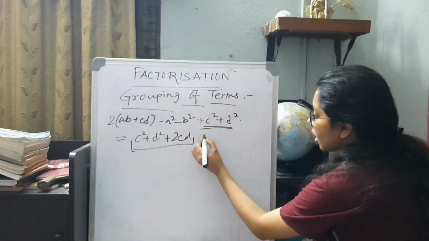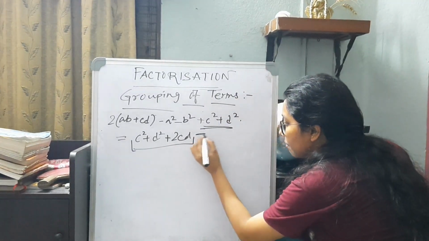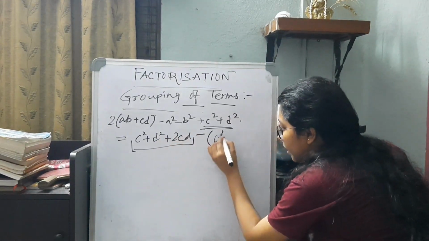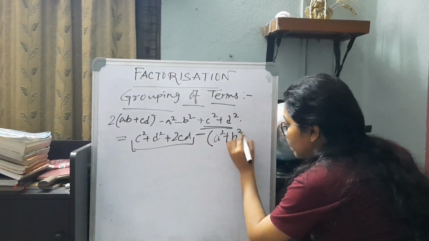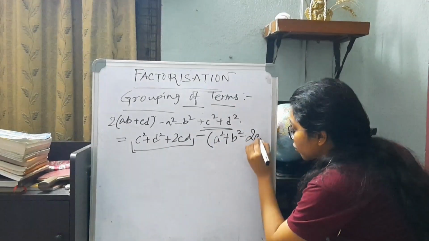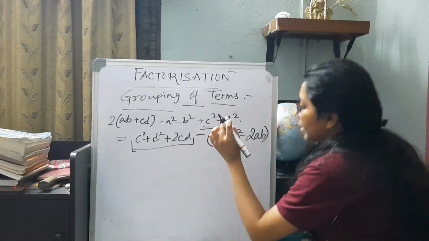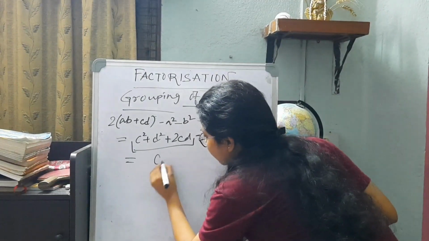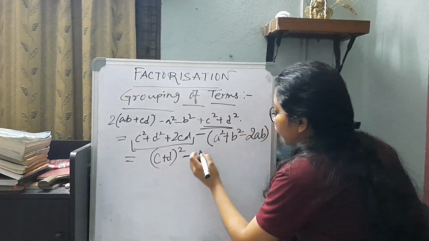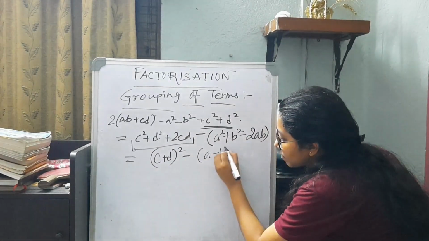Now, taking a minus common out of A square and B square, this part becomes A square plus B square. And now 2AB needs to become minus 2AB because the minus has been taken as common. So this reduces to C plus D whole square minus of A minus B whole square.